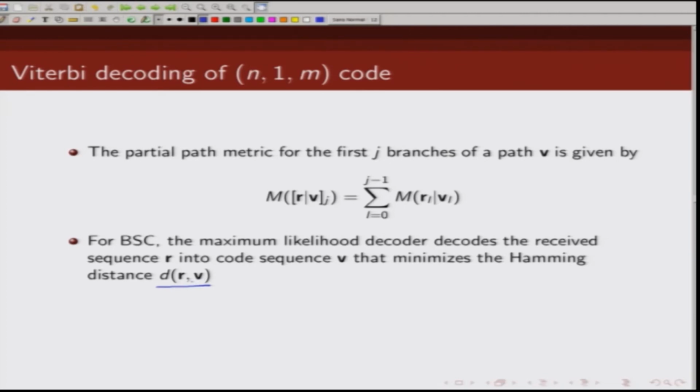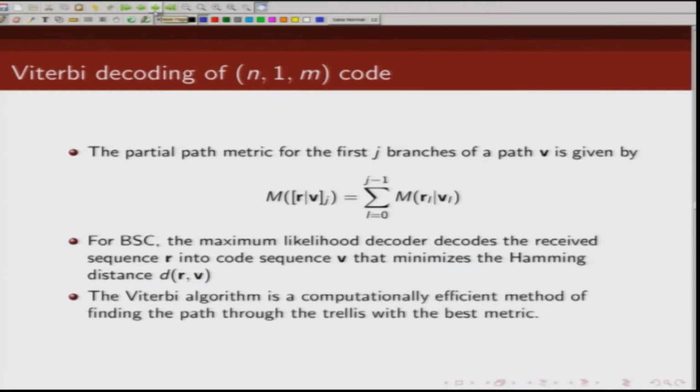This we have seen in the initial lecture on introduction to convolutional codes, that the maximum likelihood decoder for a binary symmetric channel will try to minimize the Hamming distance between the received code sequence and the transmitted code sequence.